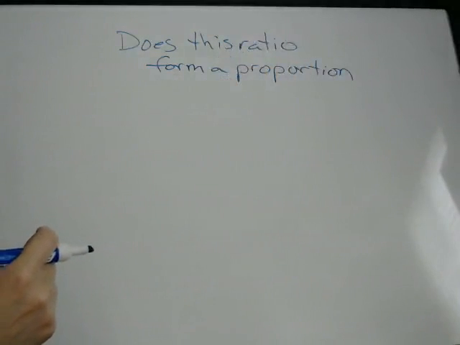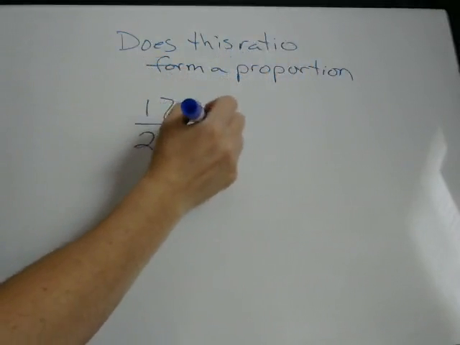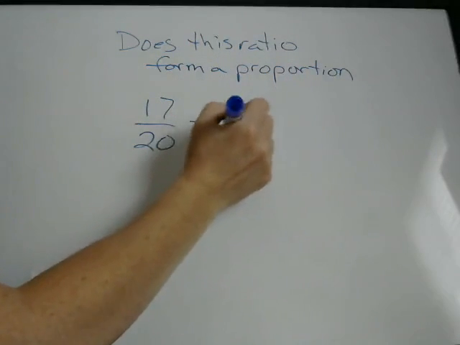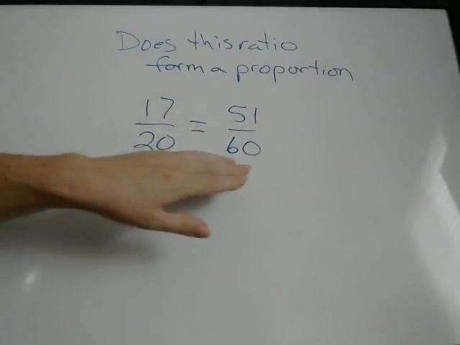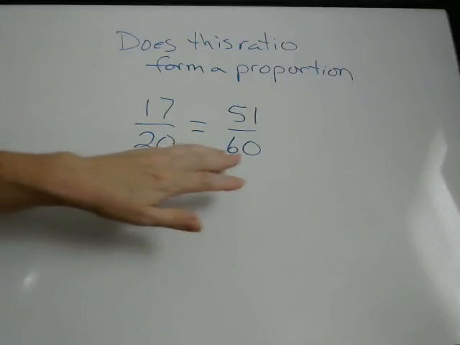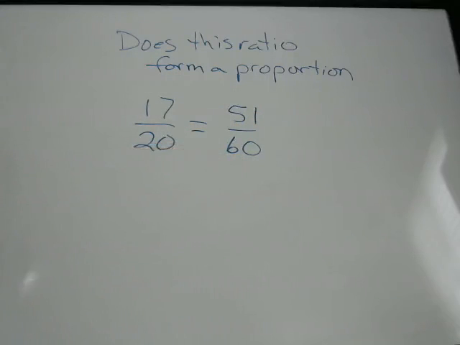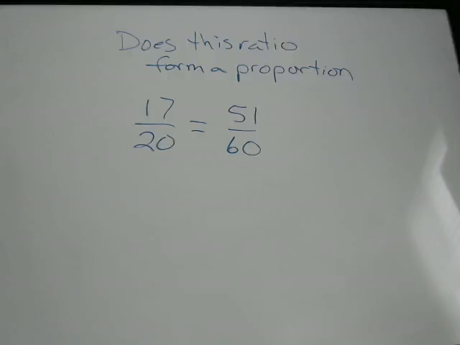And all it means is they're going to give you something like this. So if this is true, where this fraction is the same as this fraction, then the answer is yes, the ratio forms a proportion. So we do the same thing. We're going to compare these two fractions and see if they're equal.